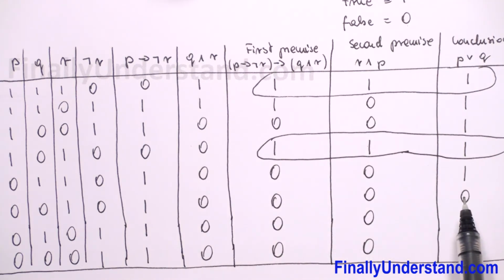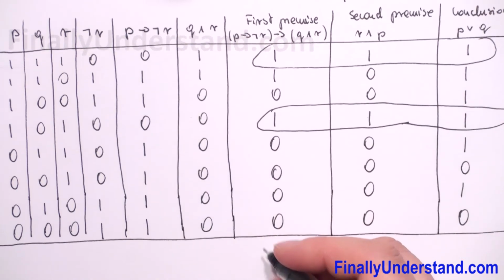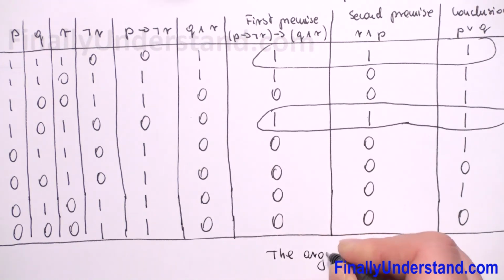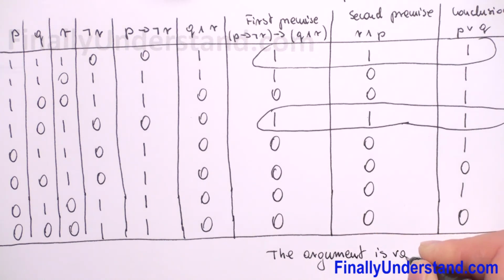So it means that our argument is valid because for true premises we have a true conclusion. So let me write this. The argument is valid. This is my solution.